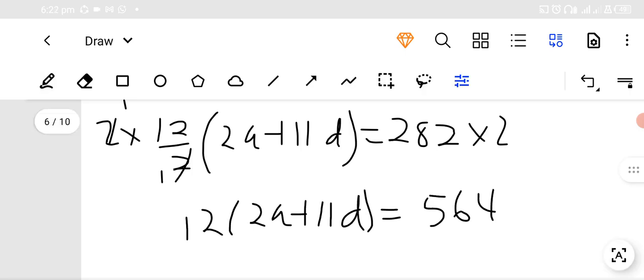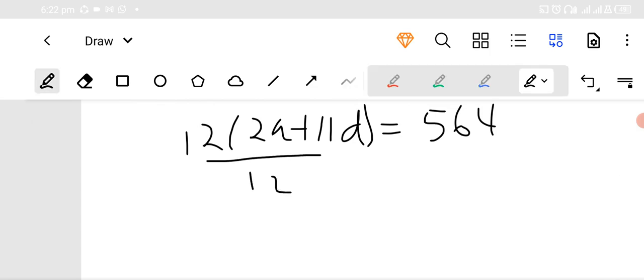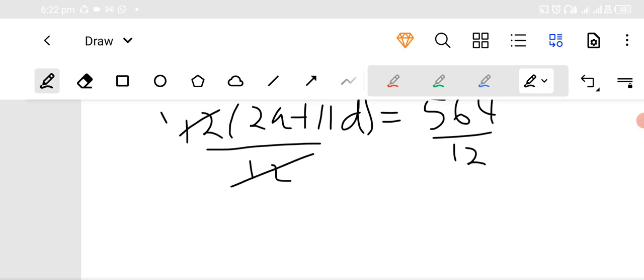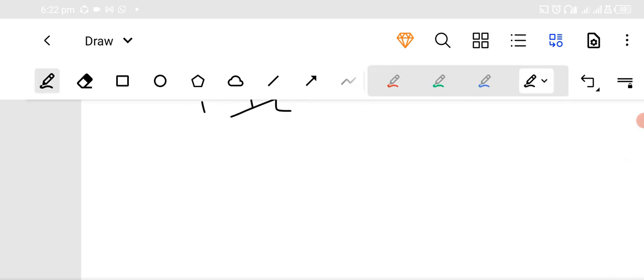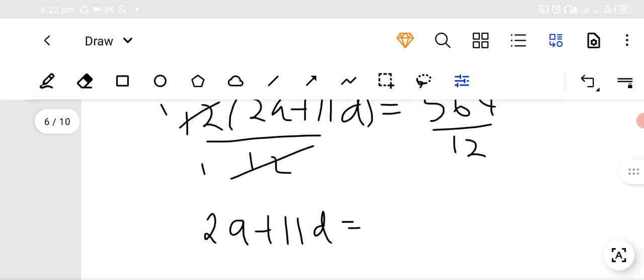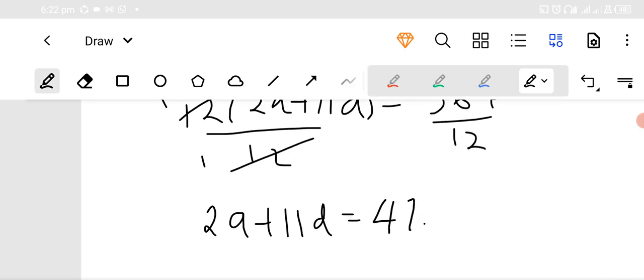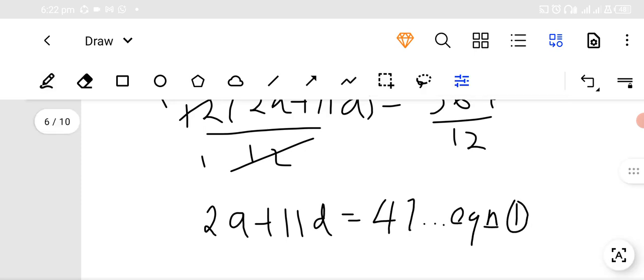It can, 47 times. So 2a plus 11d will be equal to 47 as earlier simplified. This is our equation 1.